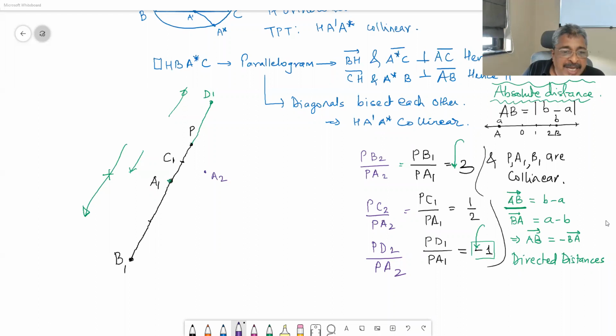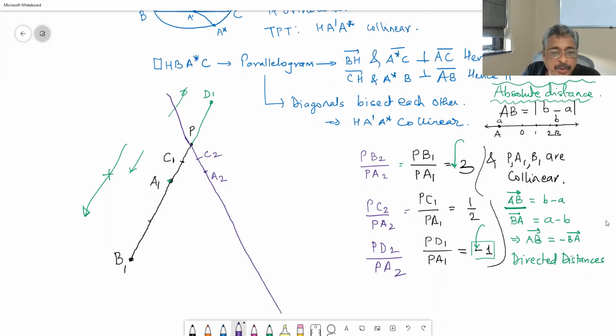So it is easy because I have already shown you how to go about A1, B1 and D1 and C1. So you join A, PA1 and create a straight line this side as well as that side, and maybe take a compass, put a steel point on P, take distance A2, make it half, get C2.